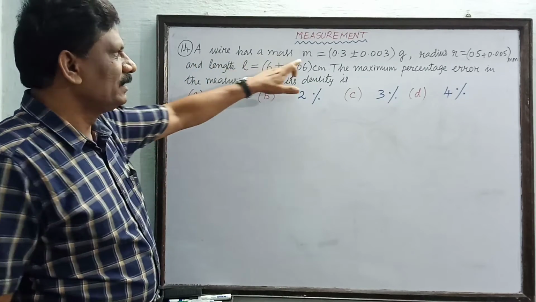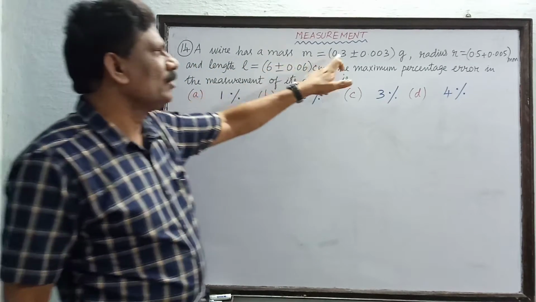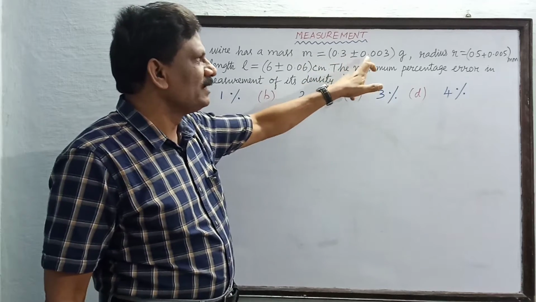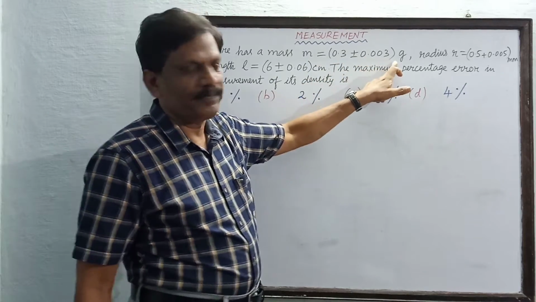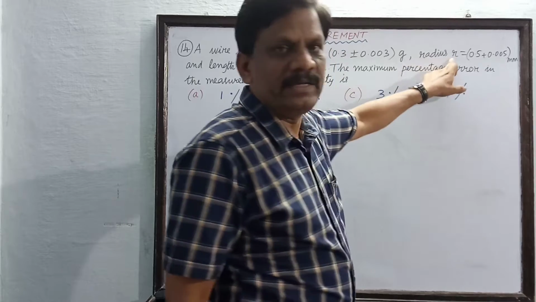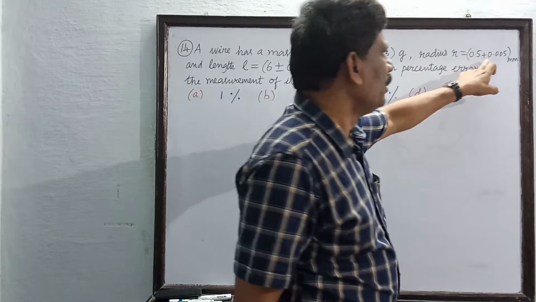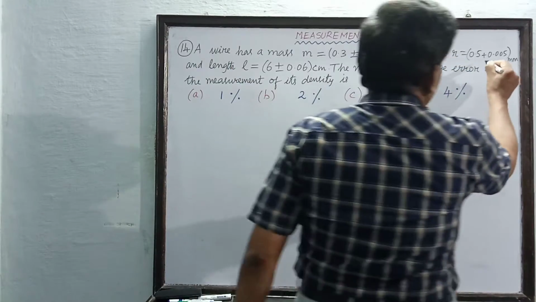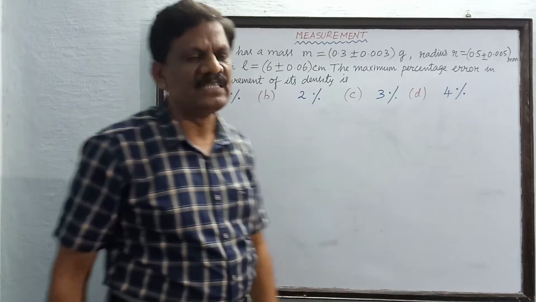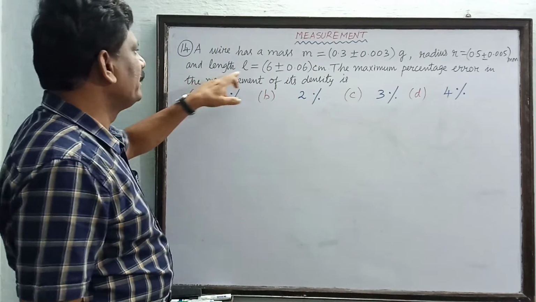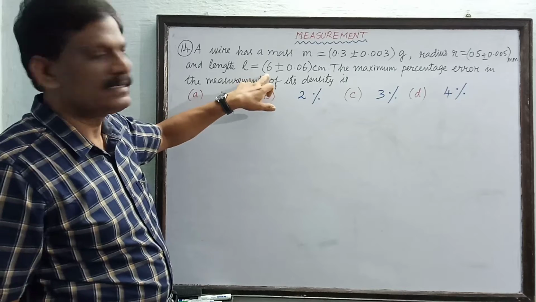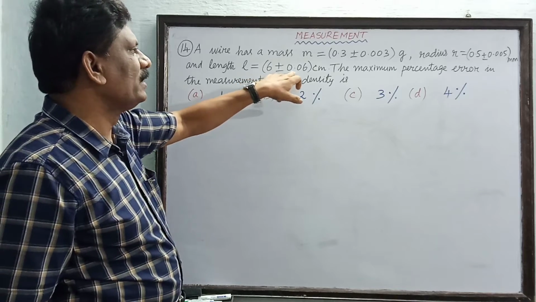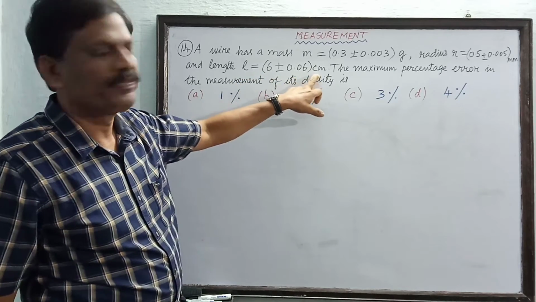A wire has a mass m equal to 0.3 plus or minus 0.003 gram, radius r equal to 0.5 plus or minus 0.005 millimeter and length L equal to 6 plus or minus 0.06 centimeter.